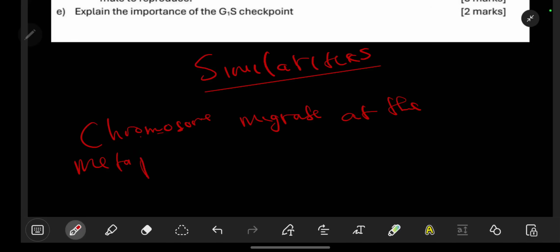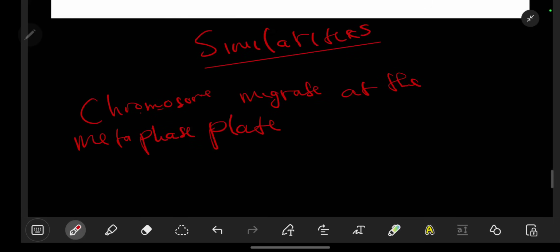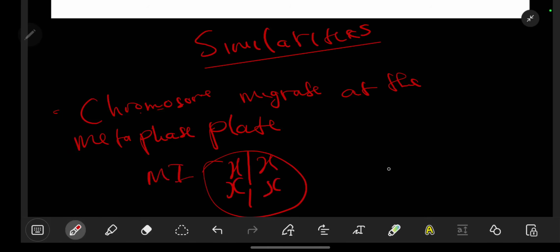Though it's a bit different, they all have to be at the metaphase plate. So meiosis 1, which is this one, then meiosis 2, they also go at the metaphase plate, though not side by side, it's just one line like that.